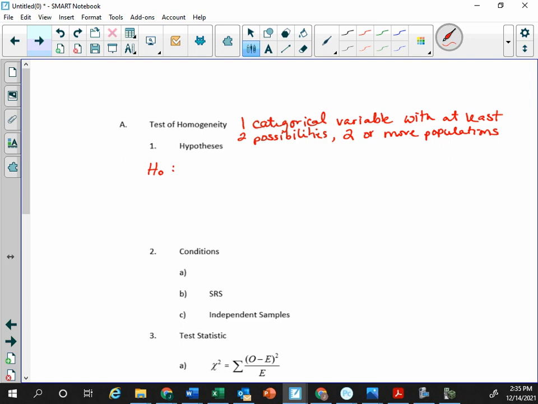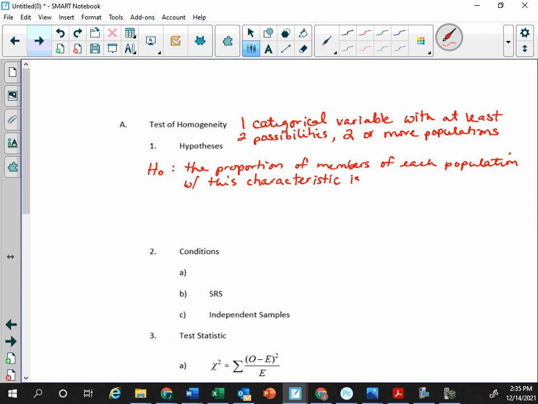So your general sort of wording, if it's this type of test, is the proportion of members of each population with this characteristic is the same.